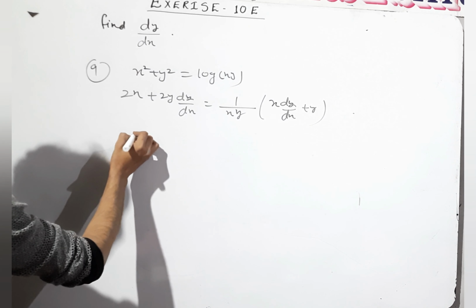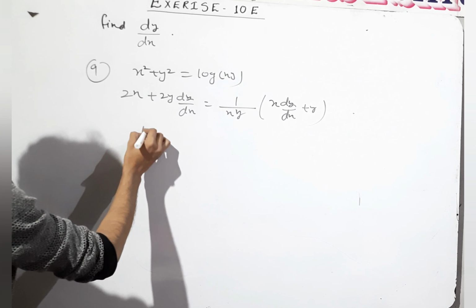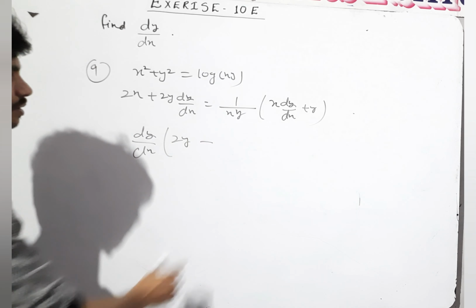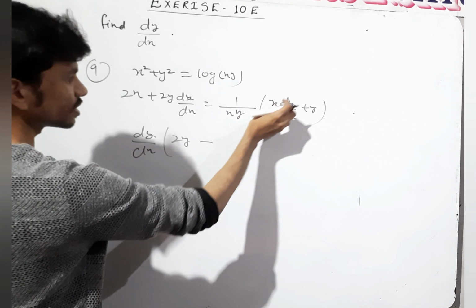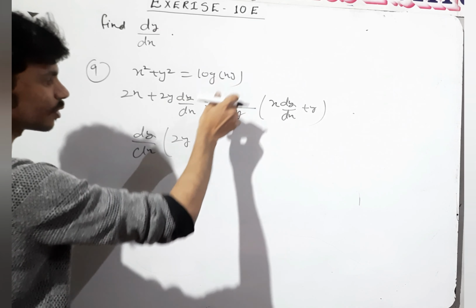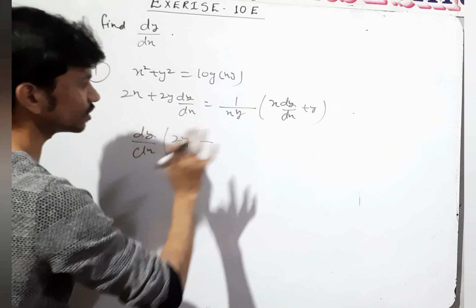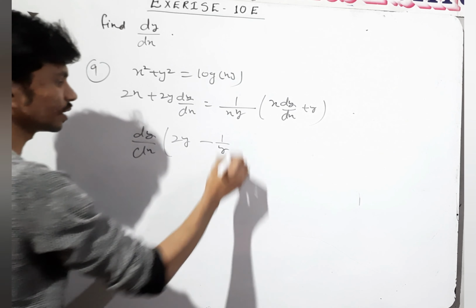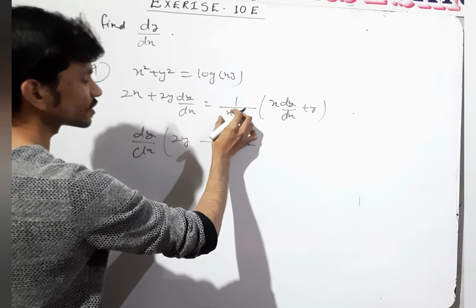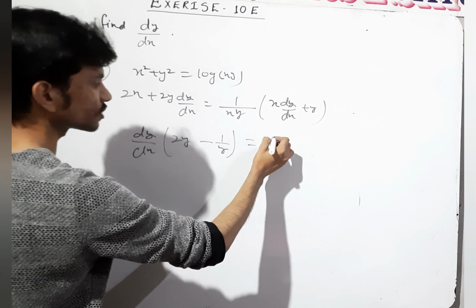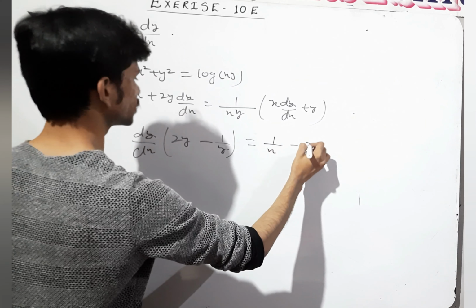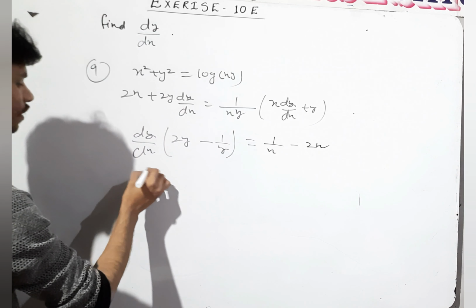So after taking common, I get dy over dx times 2y minus this term. This is just when I multiply 1 upon xy with this, so I get only 1 over y. So this is the multiplier of dy over dx equal 1 over x; y times of this gives me only 1 over x. So this is 1 upon x, and the remaining term is 2x.